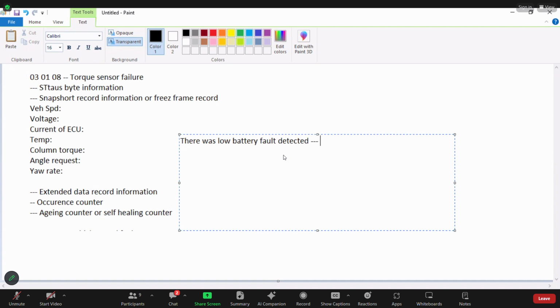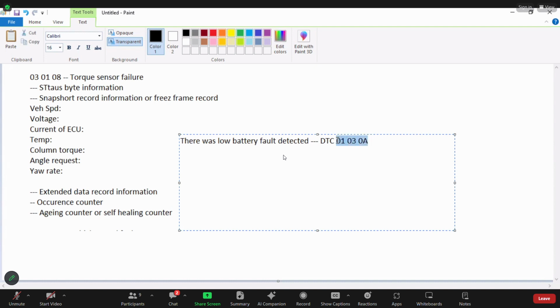Now, in this case, the DTC related to low battery voltage will be stored in the memory. So let's say 01, 03, 08. This is the DTC for low battery voltage, and this will be stored in the memory.